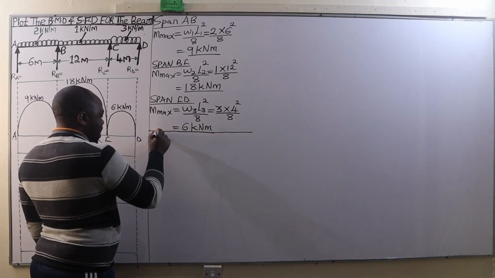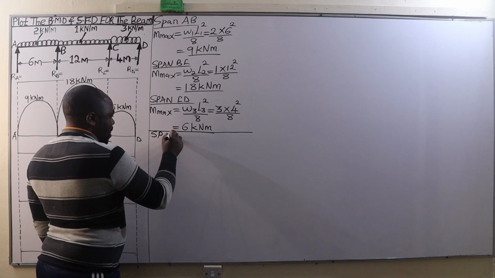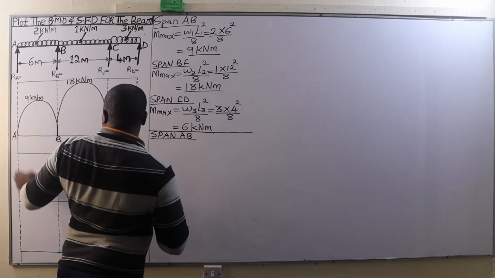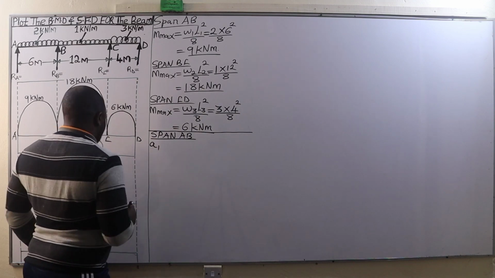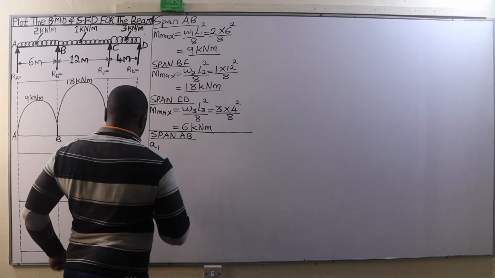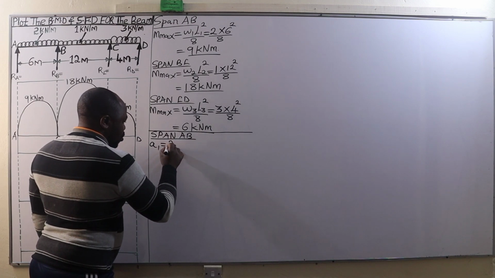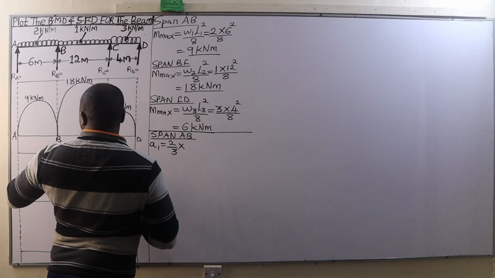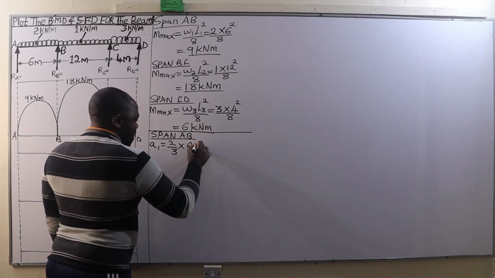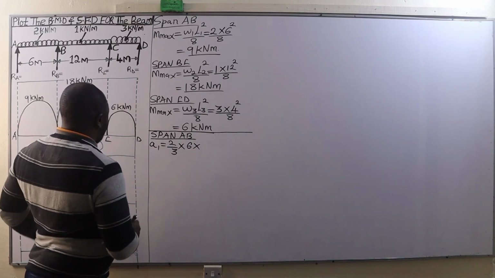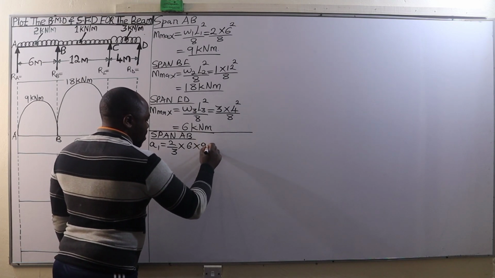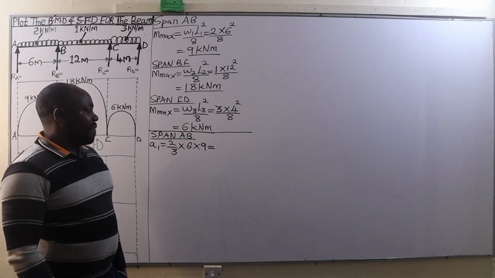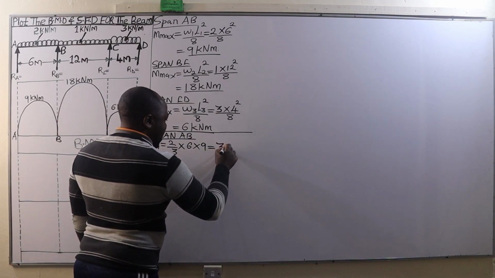So we begin again with the span AB, and in this case, for span AB, A1, that is the area of this bending moment diagram, will be given by 2/3 of its base, and its base A to B is 6 meters, multiplied by its perpendicular height, which is 9 units. So we multiply by 9, and that's going to give us an area of 36 square meters.